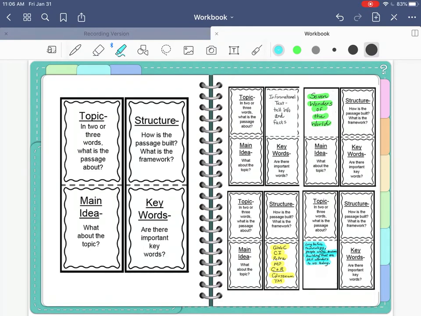What I am trying to do by having us do these over and over again is to teach you to think this way. So even though you won't be able to color and highlight things, I want you to remember to think through these things because that will help you to answer a lot of those test questions.